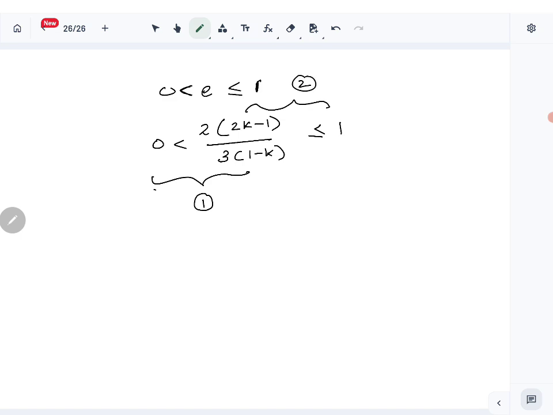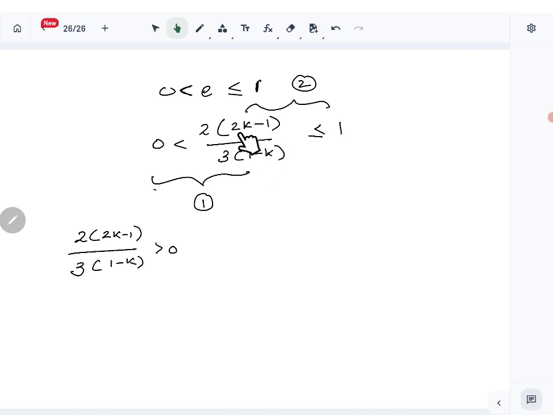There's a common section, that will be the answer for k. Now notice e has to be positive, so k has to be less than 1.